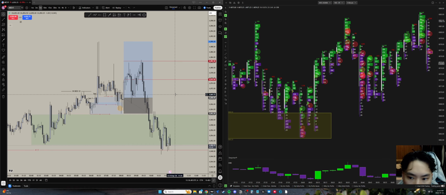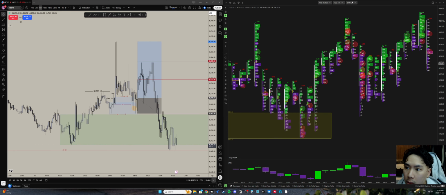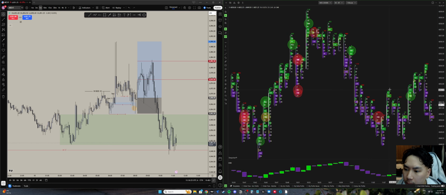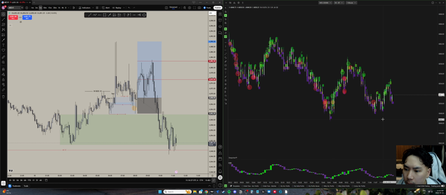Now another thing that I could potentially look at is going on the 1 minute and spotting absorption there. Let's see what it looks like on the 1. Where the hell am I?